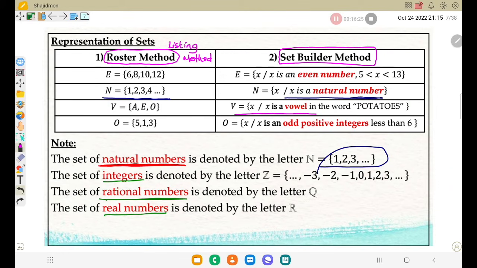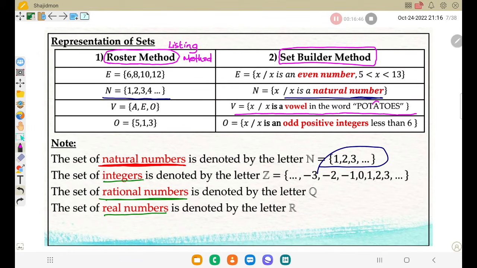Now the third example, capital V equal to set of all x such that x is a vowel in the word potatoes. Okay, in this word potatoes, what are the vowels? What letters are the vowels? Only those letters we write. You know the vowels are A, E, I, O, U, correct?